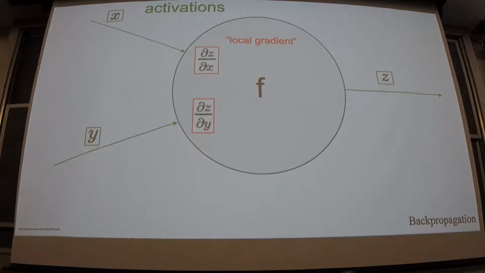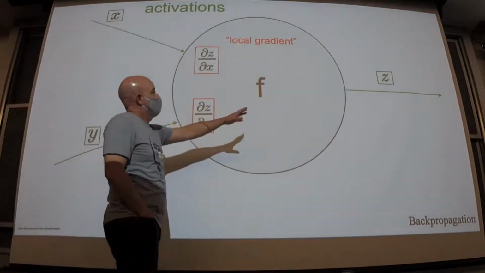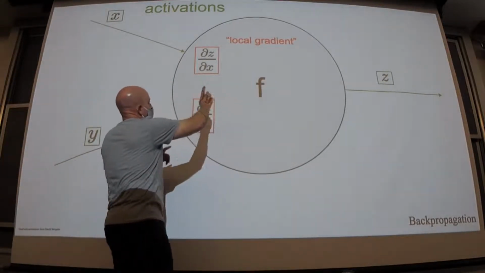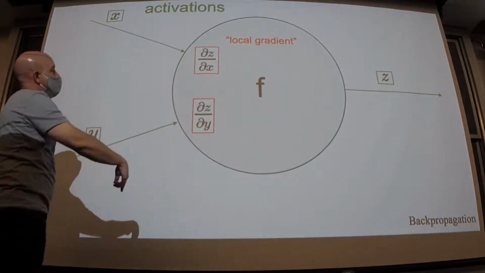So this is actually fairly simple. Thank goodness that it turned out this way. The way you think about this is that you're going to be computing gradients everywhere, right? So you think of f as taking x and y and outputting z, right?